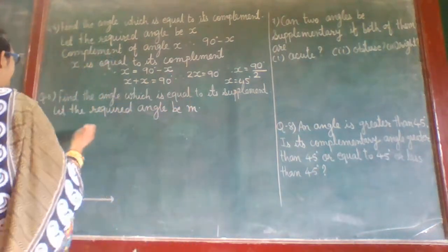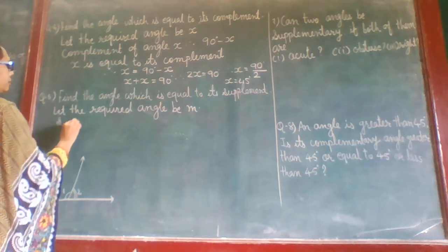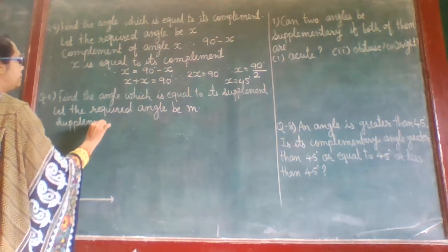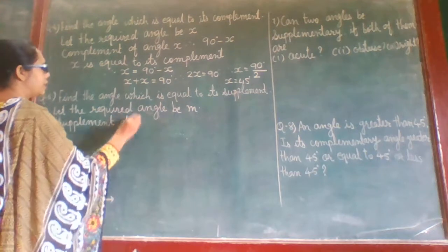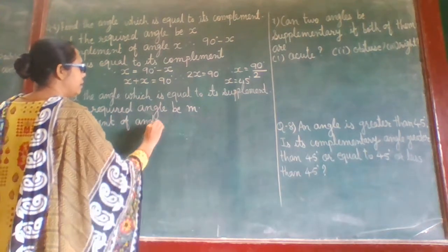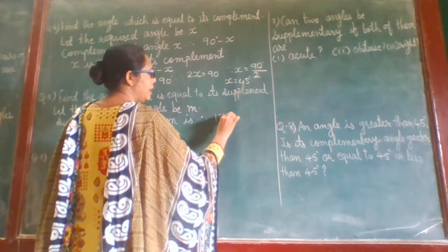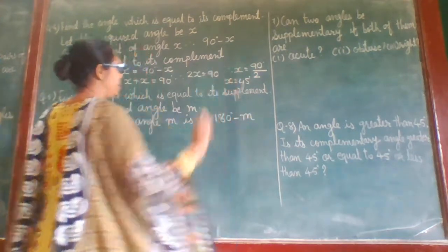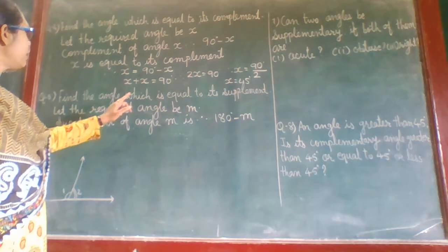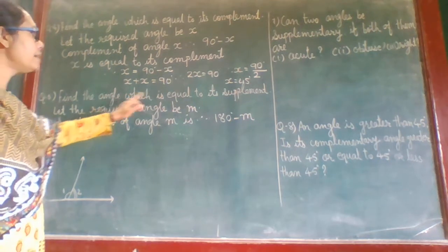Okay, so the supplement of angle n is 180 degrees minus n.